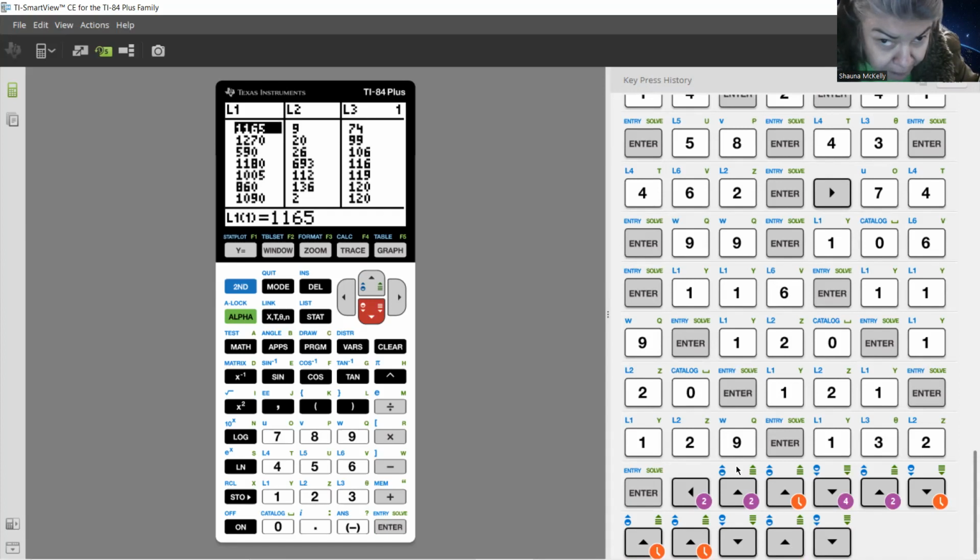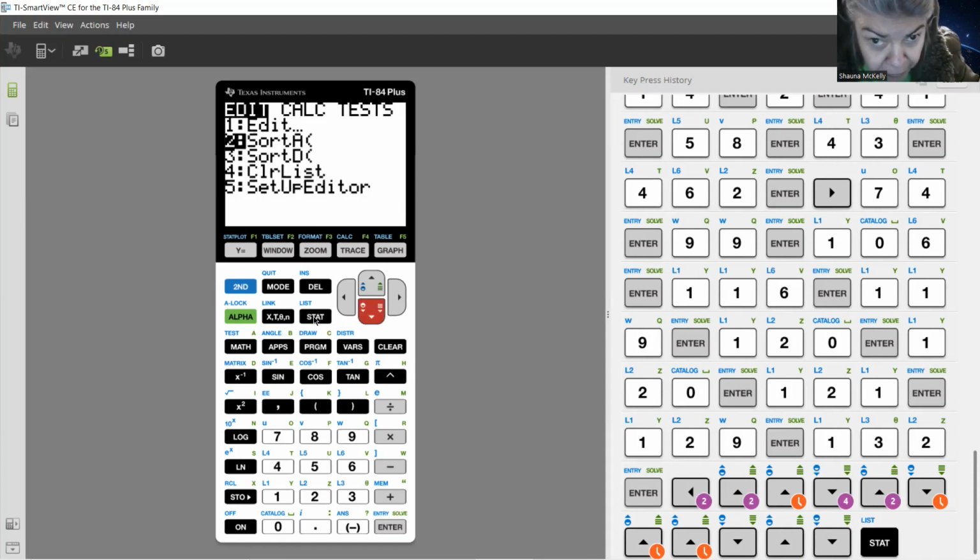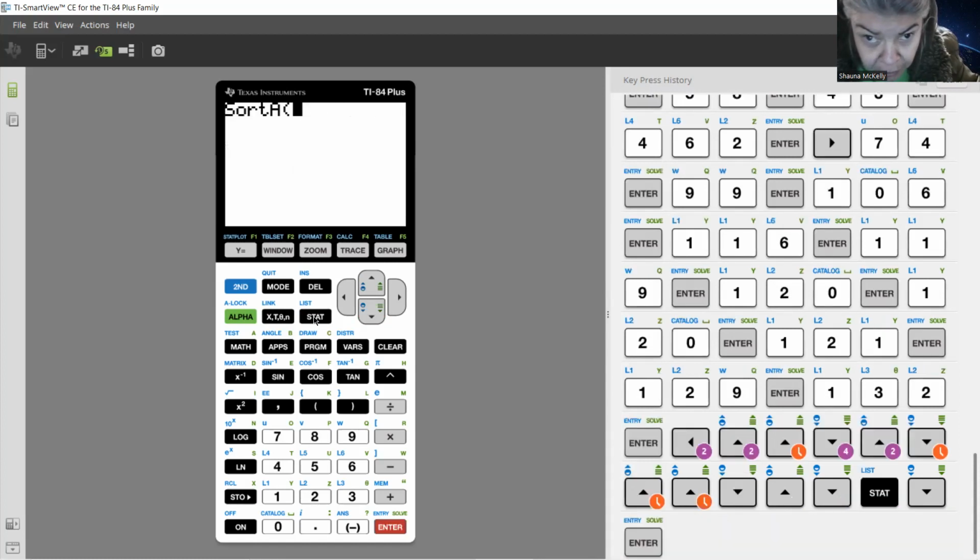To do that, I'm going to go to stat. Here on the screen, I'm going to go to stat. I'm going to go to sort A, and especially since I have more than one list, I'm going to specify L1. Now, L1 is on top of the number 1 key. So I'm going to hit second L1 here, and I'm going to close.